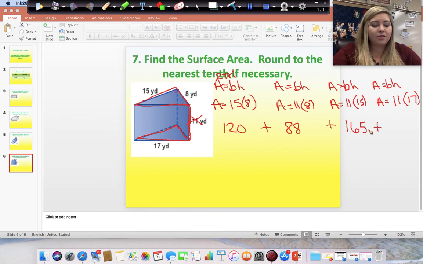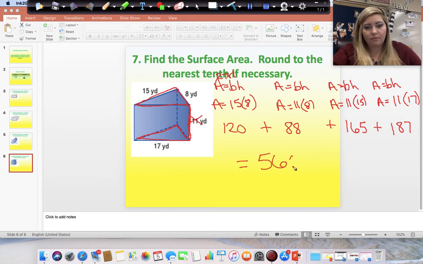And 11 times 17, 187. Then we are going to add all of those numbers together. That gives 560 yards squared. That is the surface area here.